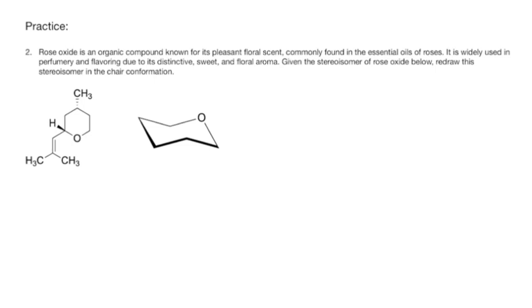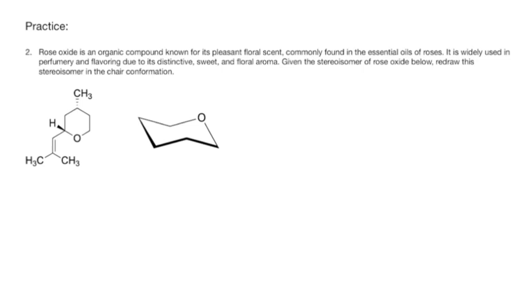In this stereoisomer of rose oxide, the hydrogen adjacent to the alkenyl substituent at the 2 position is in a wedged position, indicating it is coming out of the plane towards us, while the methyl group at the 4 position, opposite the oxygen in the ring, is in a dashed position, indicating it is going behind the plane, away from us.